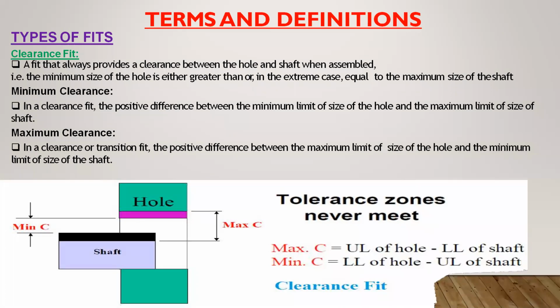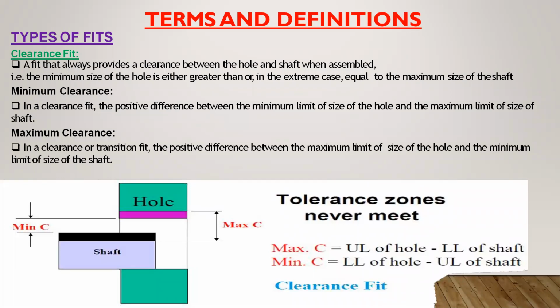Next, we have to see the minimum clearance and the maximum clearance. In a clearance fit, the positive difference between the minimum limit of size of the hole and the maximum limit of size of the shaft is known as the minimum clearance.